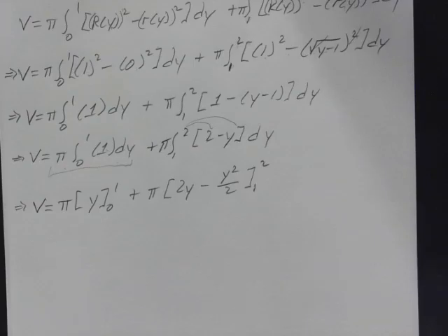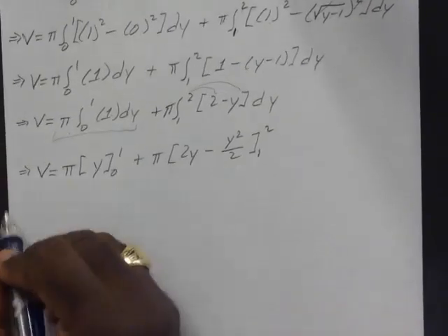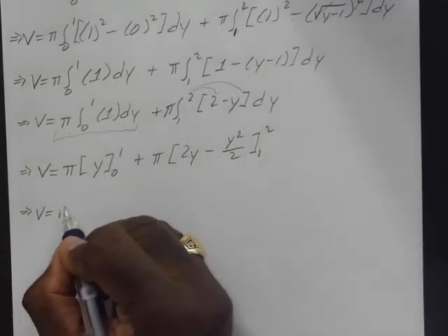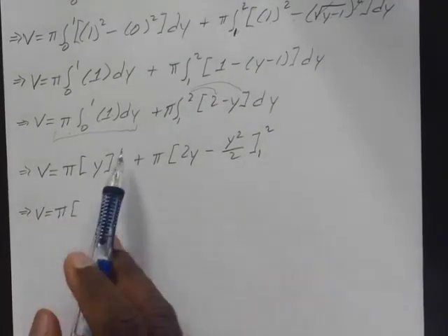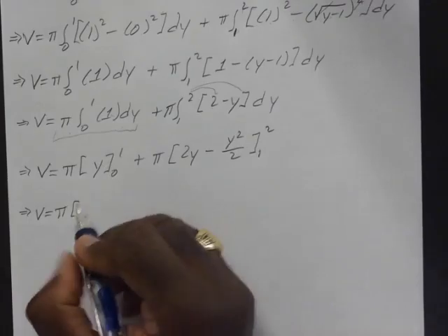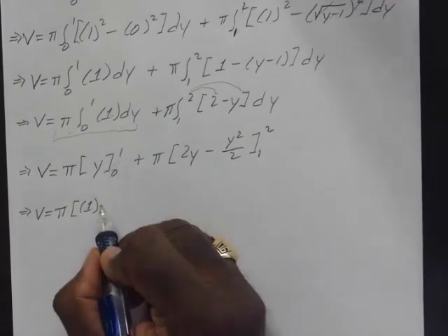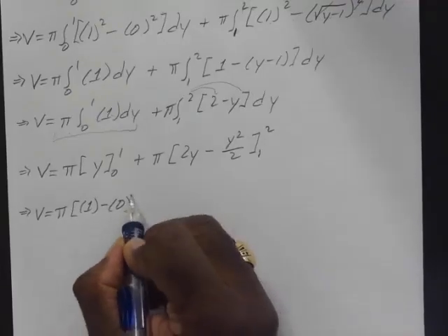So now we have to apply the fundamental theorem to both terms. So our volume is going to equal pi times we plug in our upper bound, which is 1, minus our lower bound, which is 0.